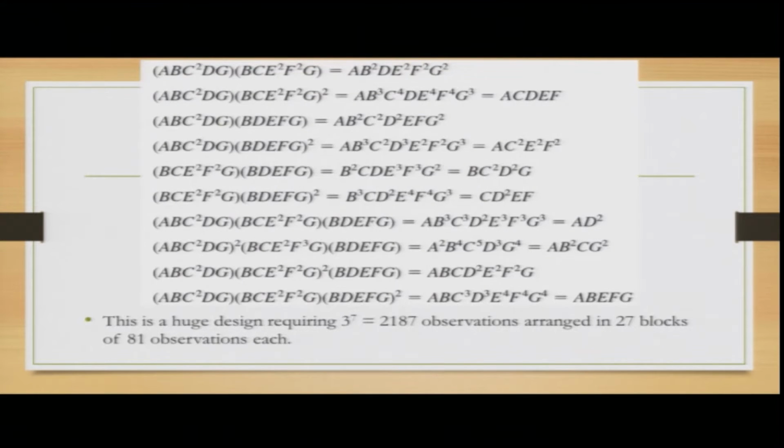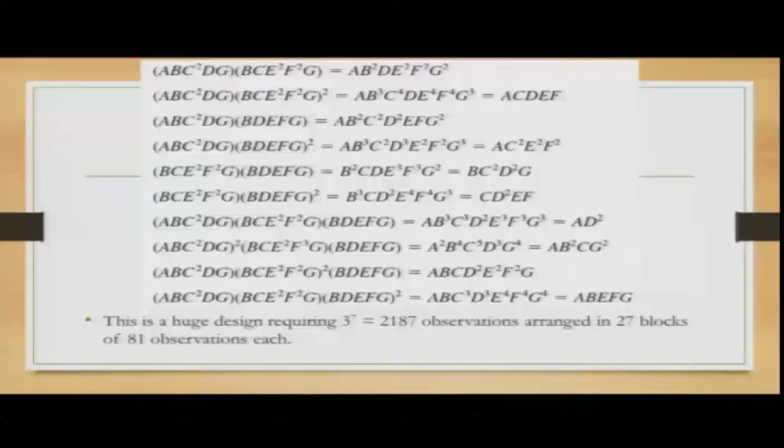So, p is 3. If we consider the blocking, one of them is ABC squared DG. So, obviously, the blocking has been done where the effects of a few of them would be considered at a higher or lower level depending on the levels at which they are interacting with each other.